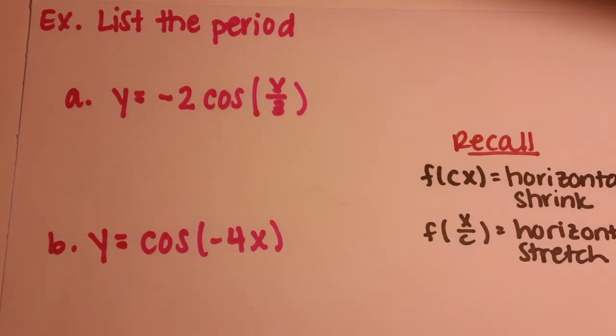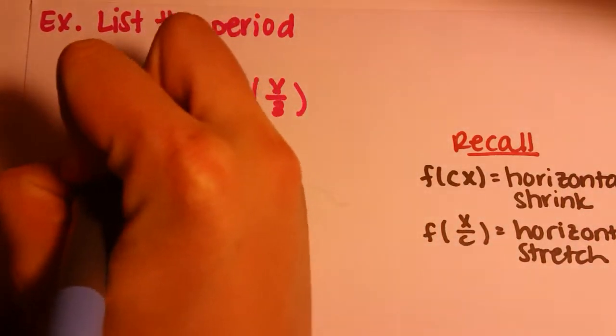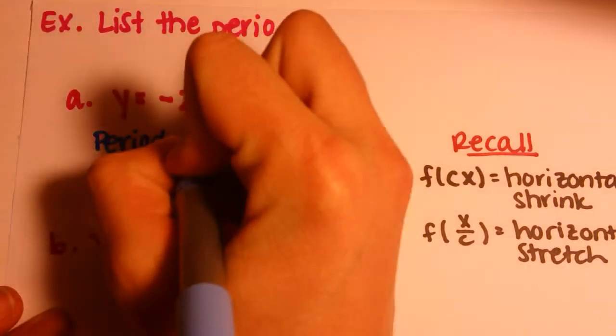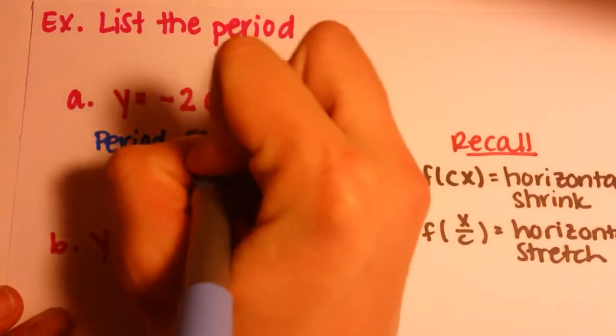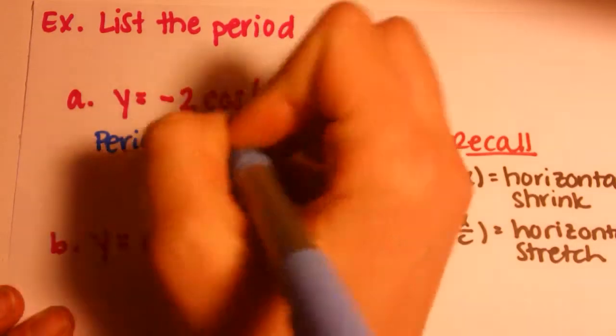So for period, we want to list the period of each of these. First, we have y equals negative 2 cosine of x over 3. We have to remember that period is 2 pi over the absolute value of b.